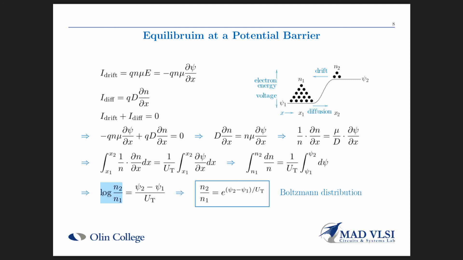I should say here that in this class, when I write log with no base, I mean natural log. So you may be used to seeing ln as natural log, and that's perfectly fine. I'll understand what you mean if you write ln. But if you're using MATLAB or Python or some other language like C or Fortran, you'll find that the natural log is typically in the math library as the function log.